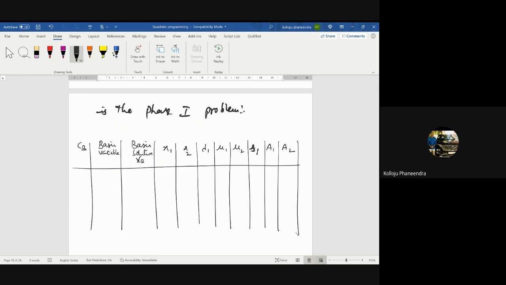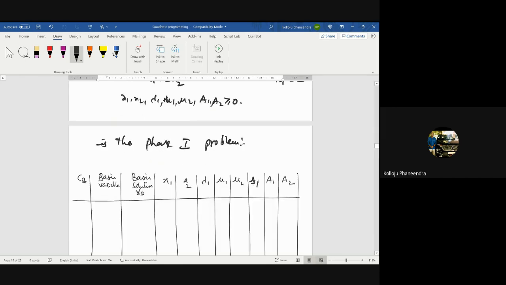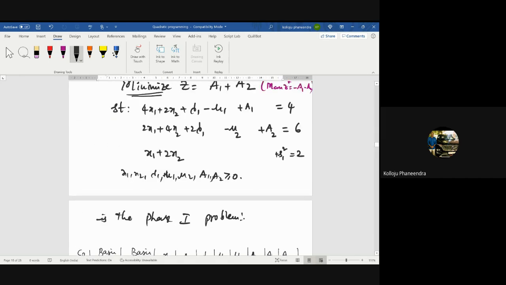And what are the initial basic variables? Starting initial basic variables are a1, a2 and s1 square, which is nothing but s1. a1 has column 1 0 0, a2 has column 0 1 0, s1 has column 0 0 1.